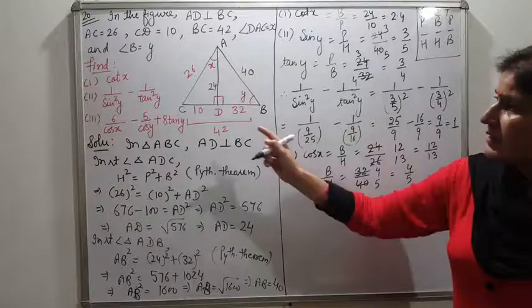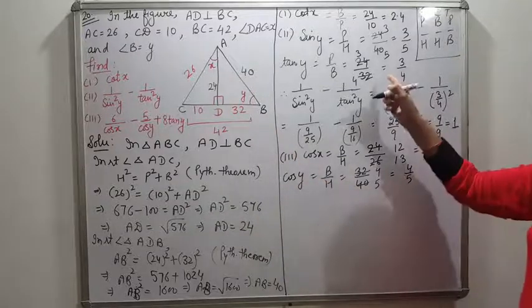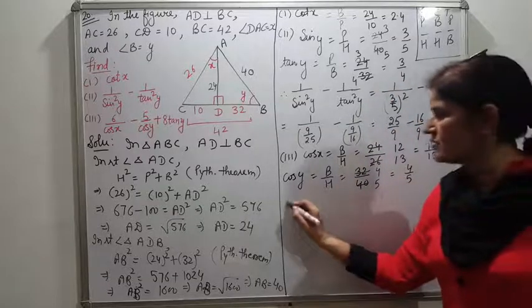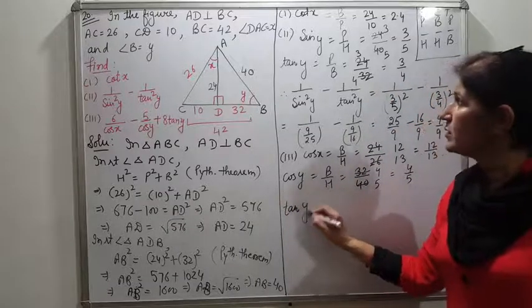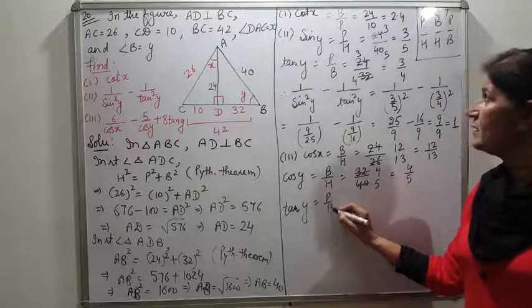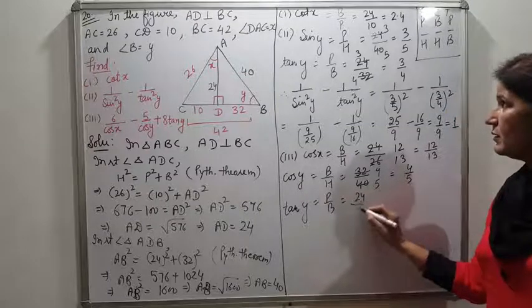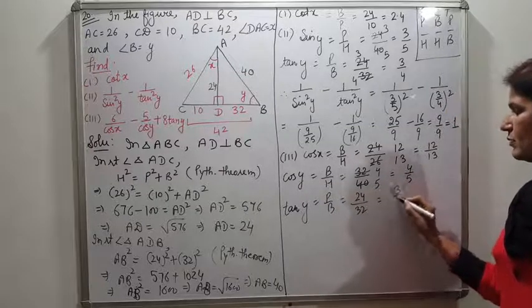Next one, tangent y. Already you have found. You can take that value also. Tangent y equals p over b. 24 over 32 is 3 over 4.